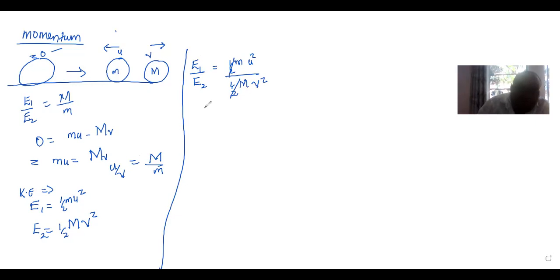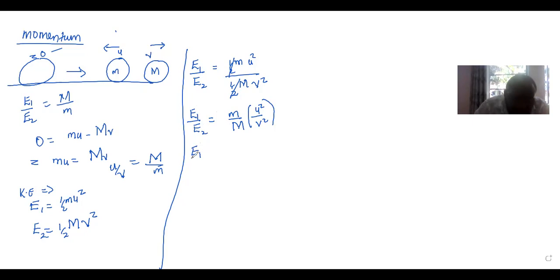You lose the half. So E1 over E2, you realize, is small m over capital M into brackets u squared over V squared.